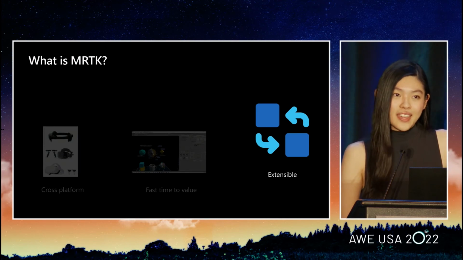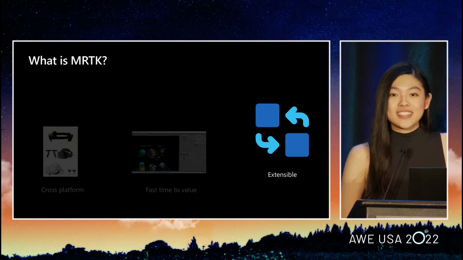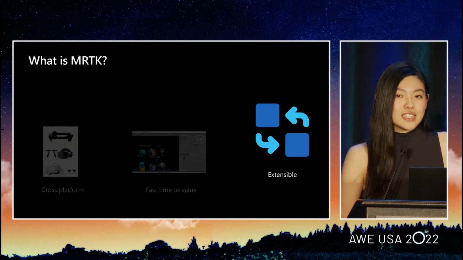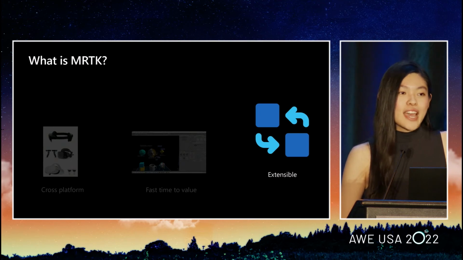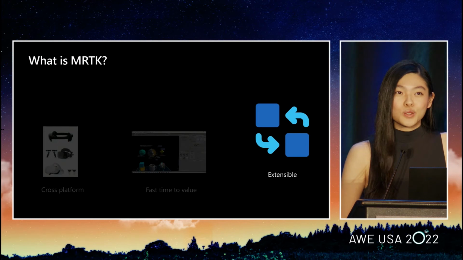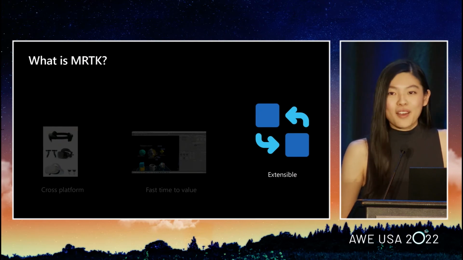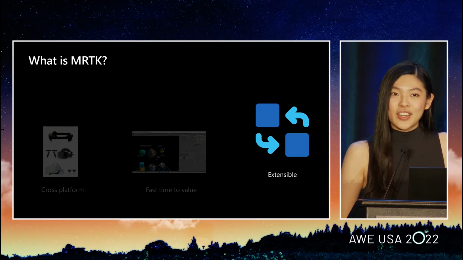And these three things, being cross-platform, having fast time to value, and being extensible, are central to MRTK's design philosophy. And these things will always hold true no matter what version you choose. And they'll always hold true as we go forward and build the next versions of MRTK.